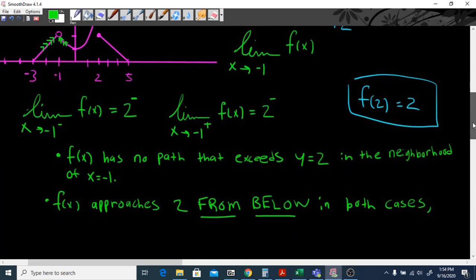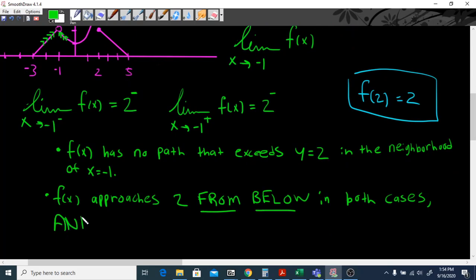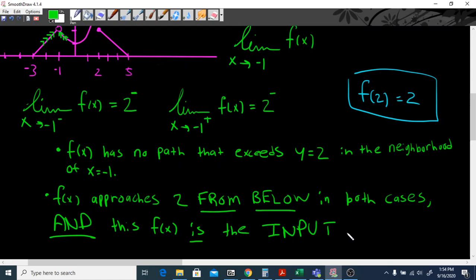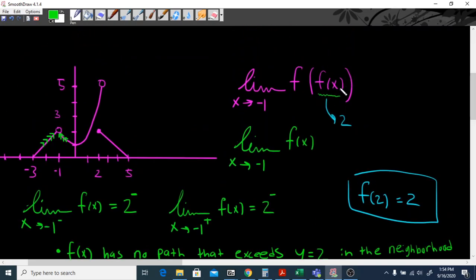Okay, and this f of x, this very same f of x, is the input of f, because it's f of f of x. So the y value becomes the input, and the y value, as we can see, only approaches 2 from below.